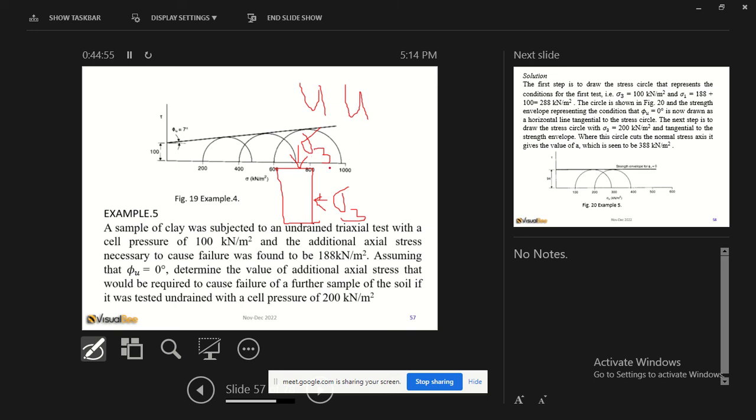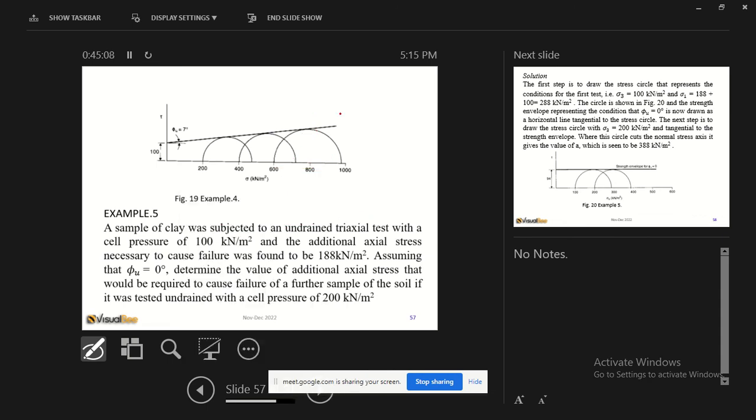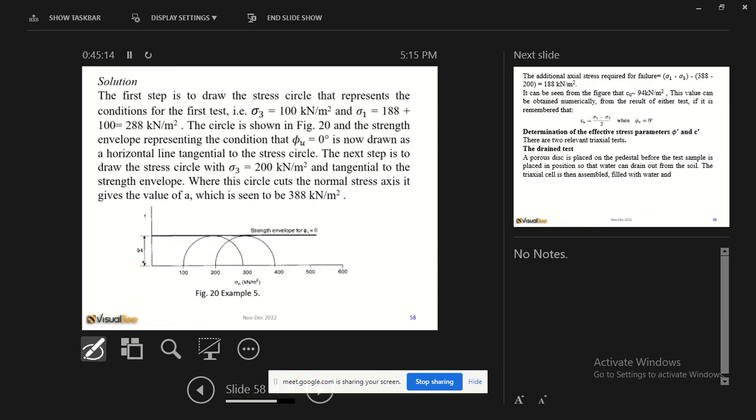When you don't consolidate and you close the valve during the test, then you have what is called the UU test. Now this is just an explanation to show you, but the ideal condition is that phi u here is assumed to be 0.